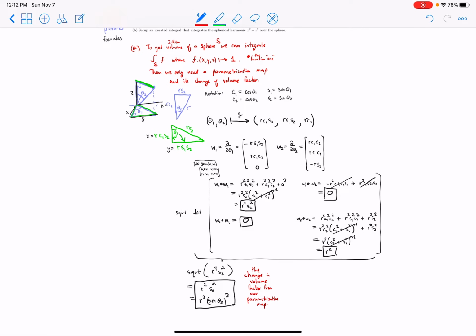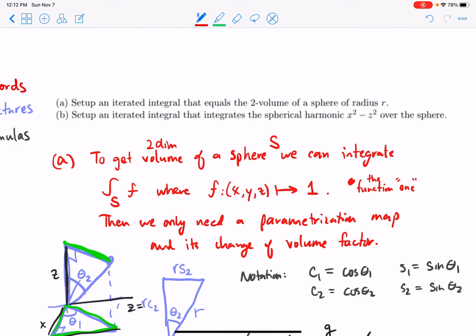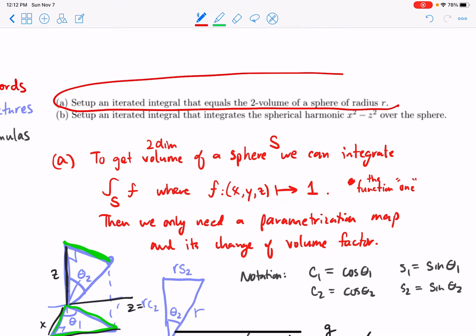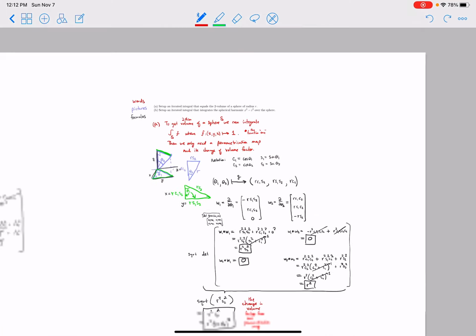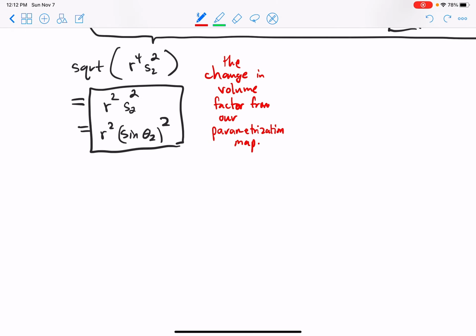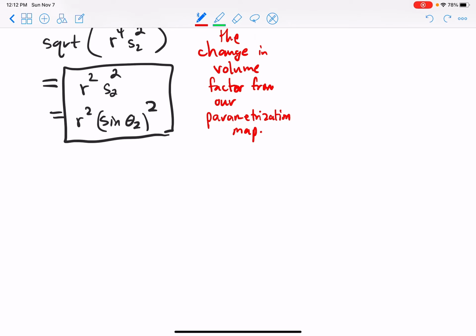So great. Now, all it asks me to do is to set up an iterated integral that equals this volume. I already know that the function values are just 1. So all I need to do is integrate.